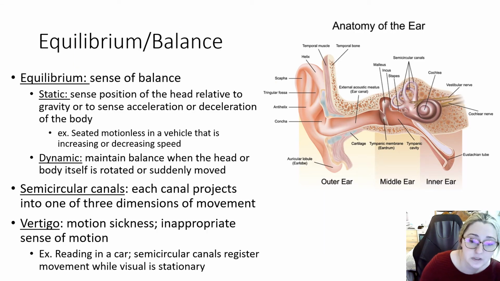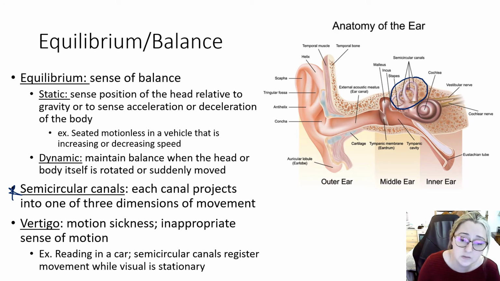Now there's a couple structures in the inner ear that I didn't discuss. These are known as the semicircular canals. Each canal is going to project into one of the three dimensions of movement. This is also going to contain fluid.